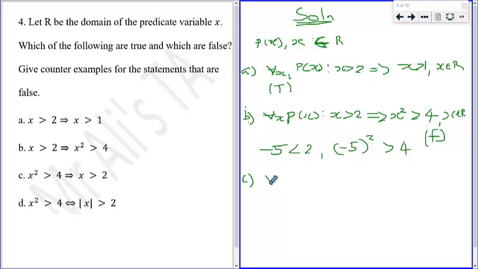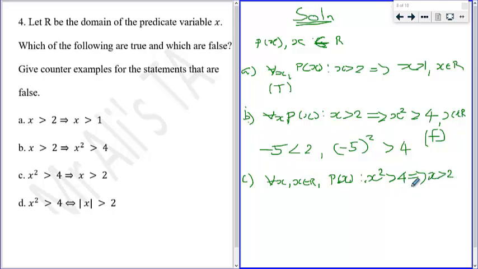So we have for all x belonging to the real numbers, P of x is such that x squared greater than 4 implies x is greater than 2.